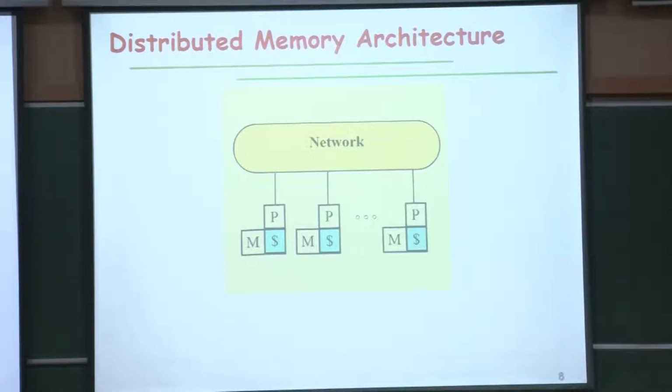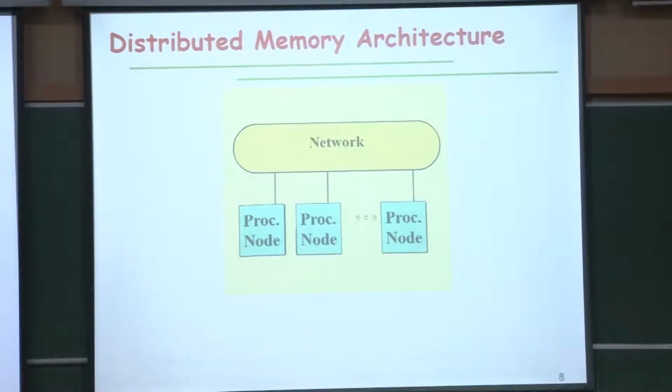But that is one very big advantage of this architecture, because now you can think of each of these things as processing nodes, and these processing nodes are nothing but your desktops or servers. When these desktops or servers are connected with each other by means of an interconnection network, they provide you a parallel computing platform, a distributed memory parallel computing platform.